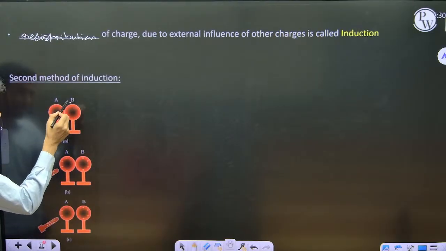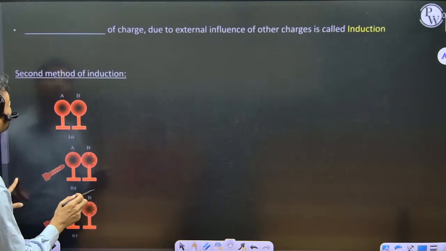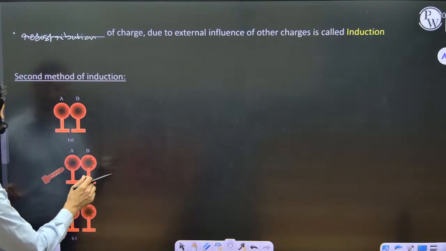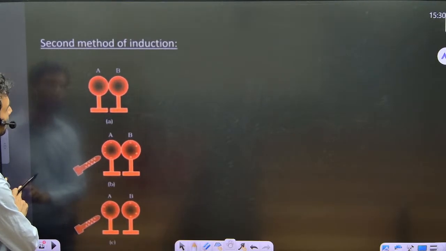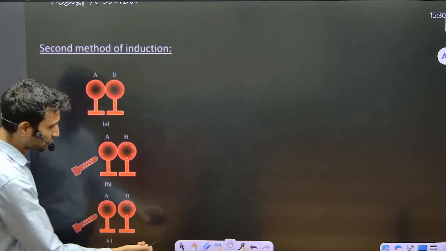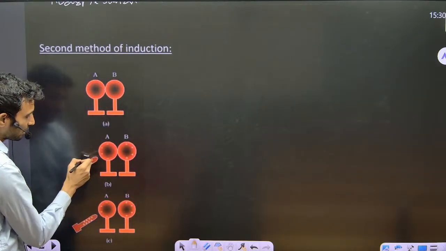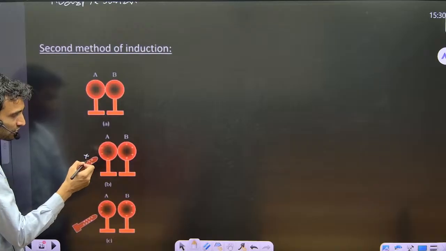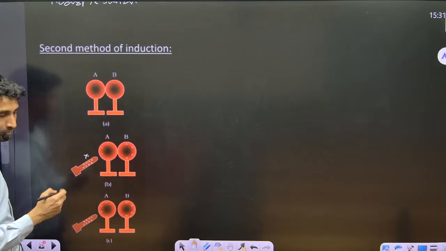Sphere A and sphere B. And we are bringing up a positive charge. They are both in contact with each other. Then we bring the positive charge. And what is the positive charge going to do? Tell me. It is going to attract which charges here? Negative.